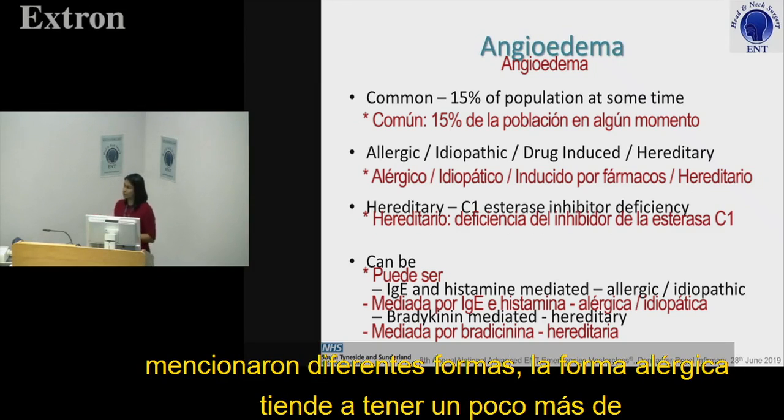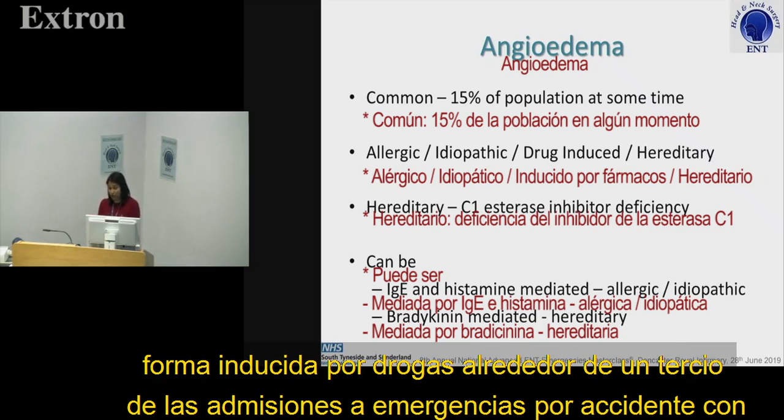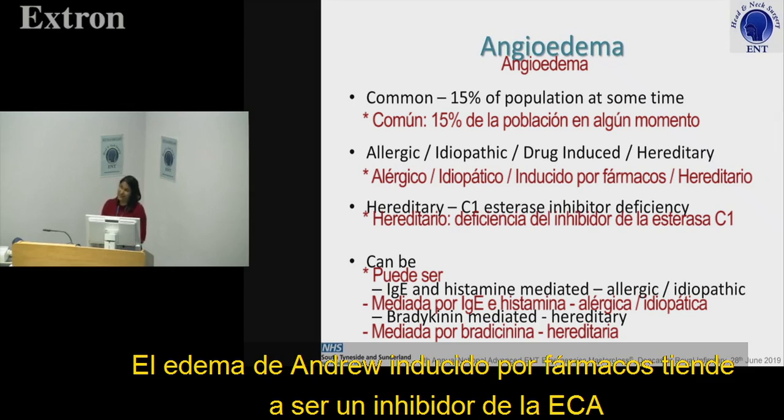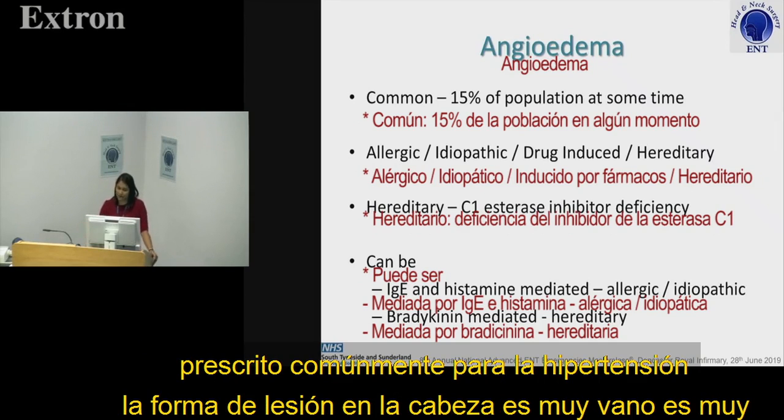The allergic form tends to have a little bit more of urticarial component with itchiness and is histamine or mast cell related. The drug-induced form, about a third of admissions to accident and emergency with drug-induced angioedema tends to be ACE inhibitor related, and that is possibly because ACE inhibitors are that commonly used and commonly prescribed for hypertension.